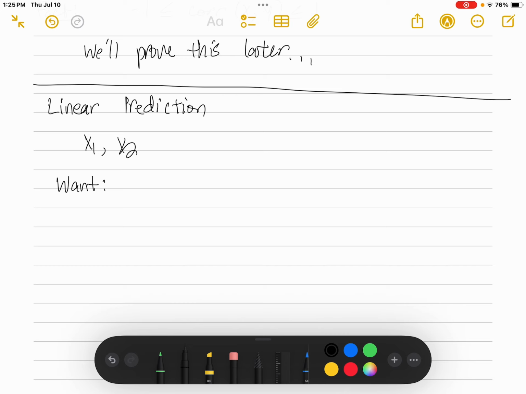One way to phrase this is we want to pick a and b, which are numbers, to minimize the expectation of (x2 minus (a x1 plus b)) squared.